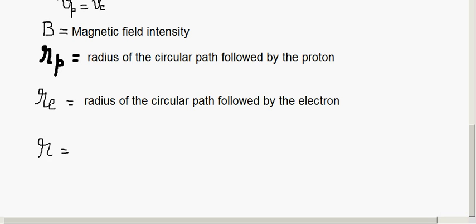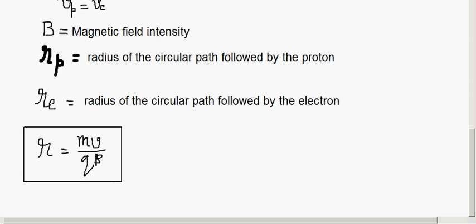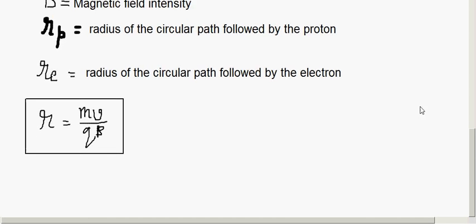If R is the radius of the circular path, it is given by mv by qB. This is the formula for the radius of the circular path. Now apply this equation for proton and electron.